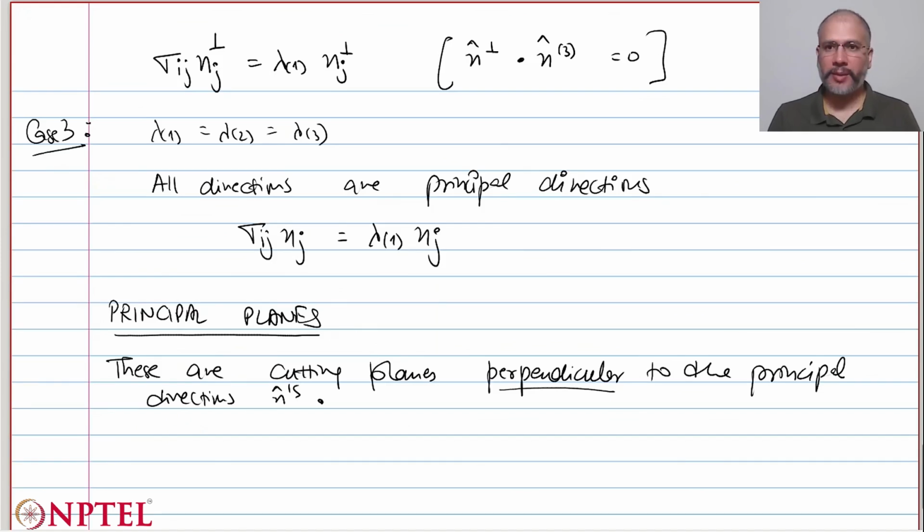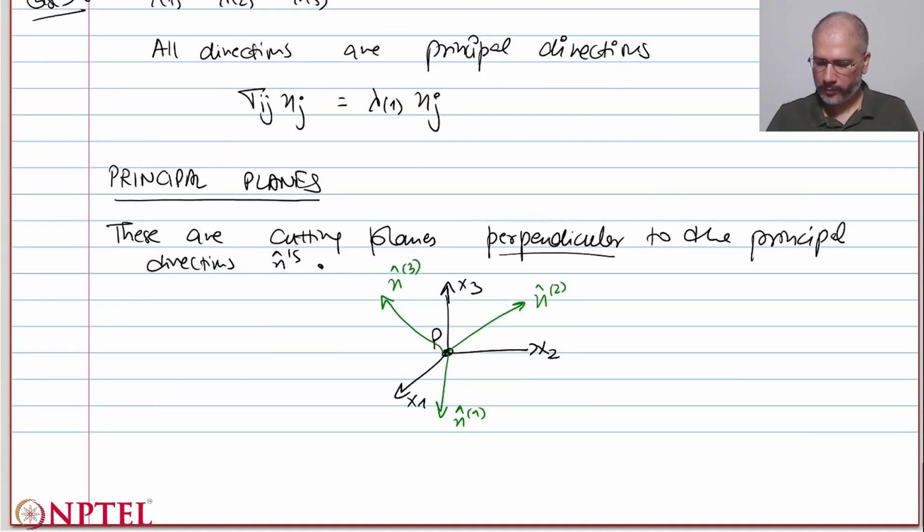Now since we have 3 n hats, which basically form a right-handed coordinate system, as we just mentioned above, we can form a coordinate axis using these 3 n hats. So these are the principal directions of the stress tensor sigma defined at a given point P. Then we can form a coordinate system.